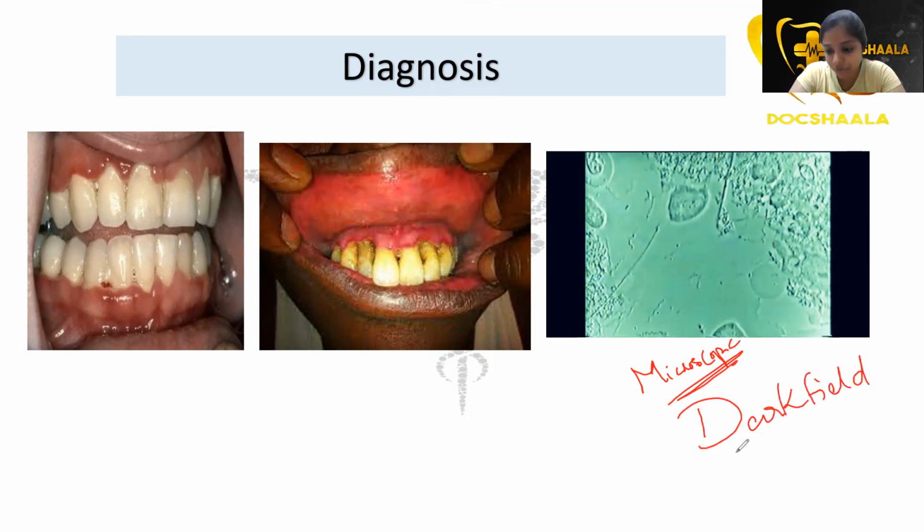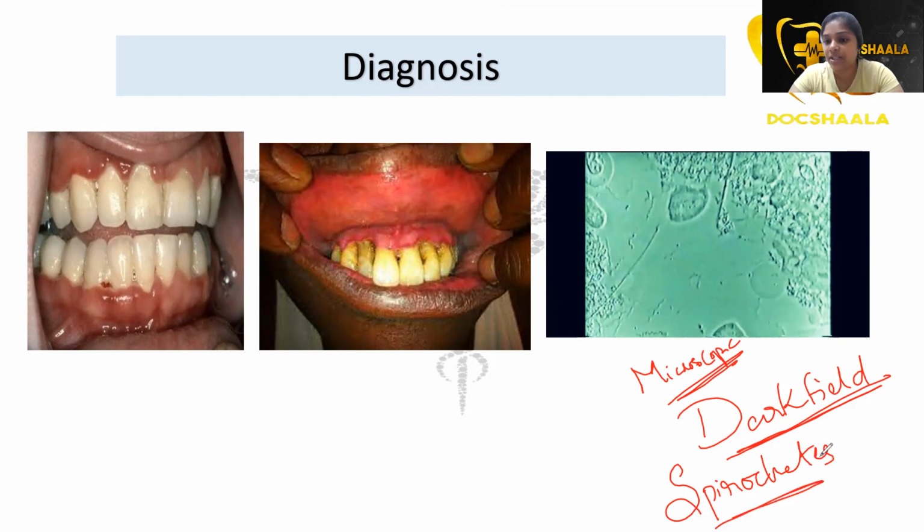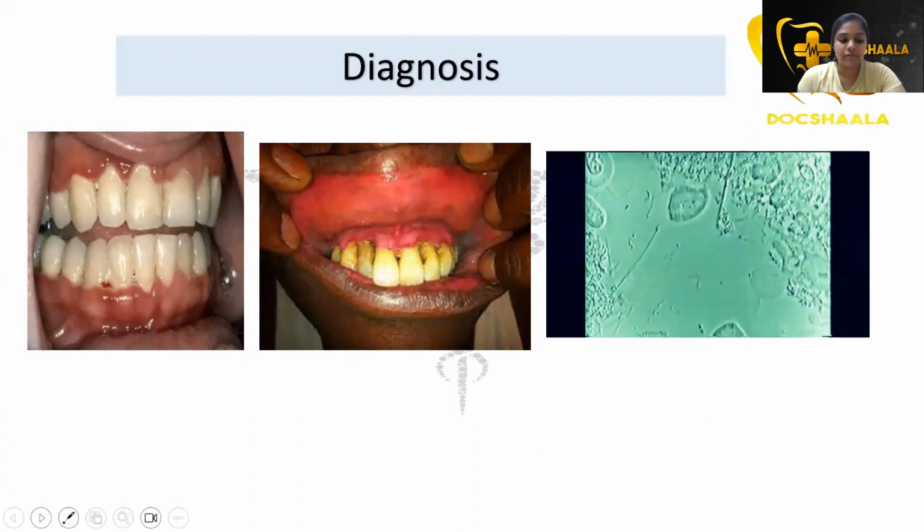Dark field microscopy is used in ANUG, which shows spirochetes. Okay, the microbiological examination we use in ANUG is dark field microscopy, where it shows spirochetes. This is one more important point which you need to be aware of.